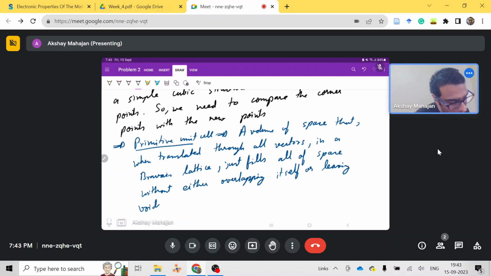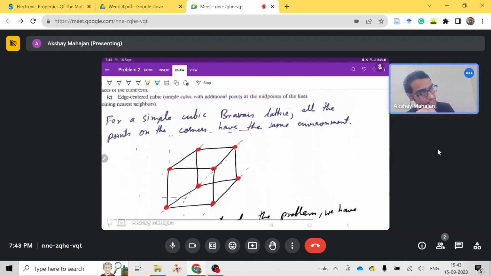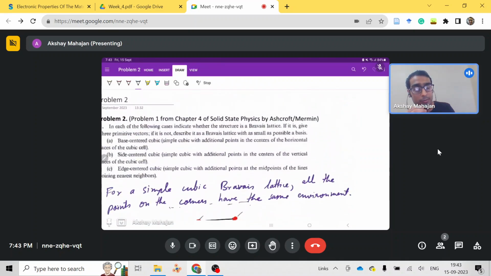This is just for your information; for this problem it may not be needed, but I included it. I am giving this intro because, if the system is not going to be Bravais, we will try to find a primitive unit cell which will help us to make that structure.